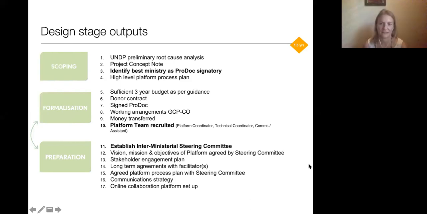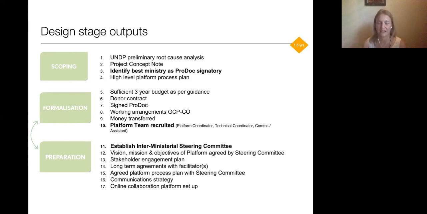Right, exactly. Thanks, Colleen. It also means you are forced to write down a vision and objectives for your platform. You'd be surprised how often that doesn't even happen. So you have something to keep returning to, especially when dialogue gets difficult.